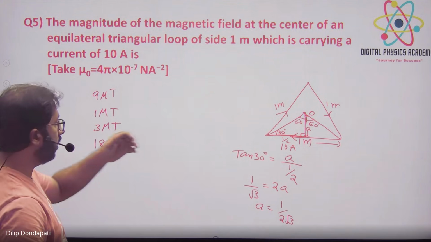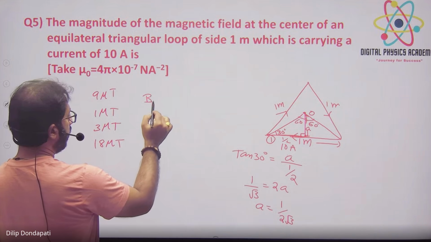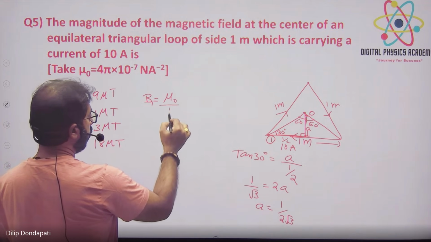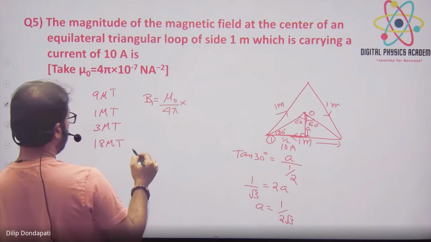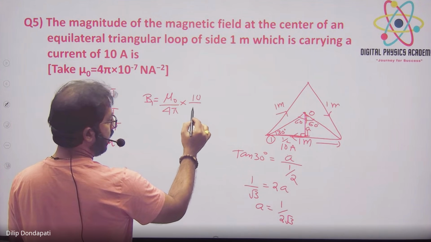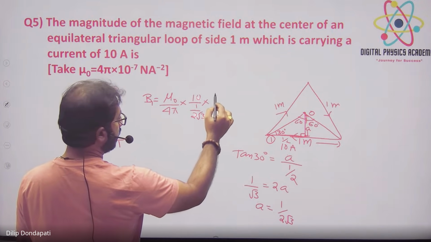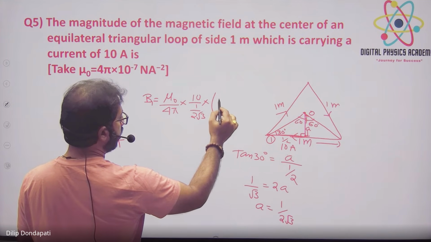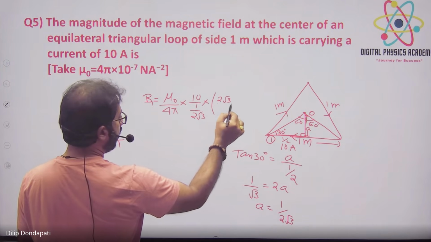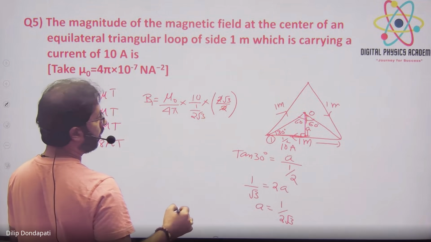Substitute this in the formula. So the first conductor, B1, I am trying to find: mu naught by 4 pi, I by a. So 10 by a is 2√3 times sin 60 plus sin 60, which is √3/2 plus √3/2, that is 2√3/2, so √3.